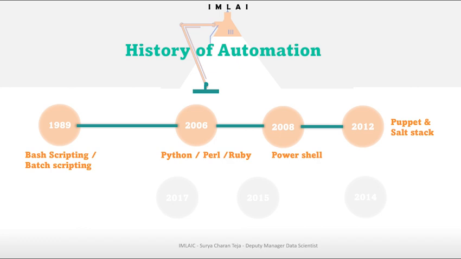Puppet was not initially considered an automation tool. It was more about managing configuration. The perspective was, let's say you have many servers, a cluster of web servers. Let's take an example: from the cluster of web servers you have a configuration.